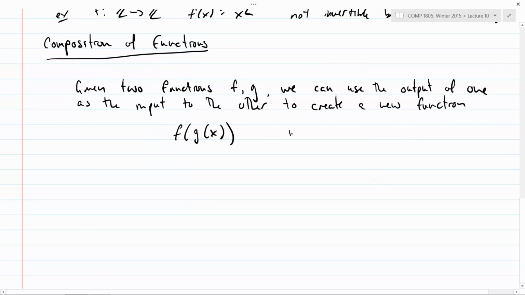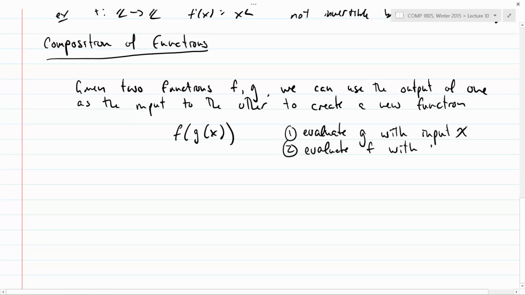What's going on here is first you evaluate g with input x. Then you evaluate f with the answer from the previous step. So it's a two-step process.